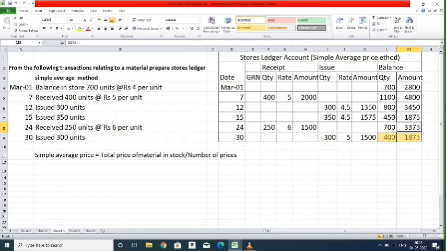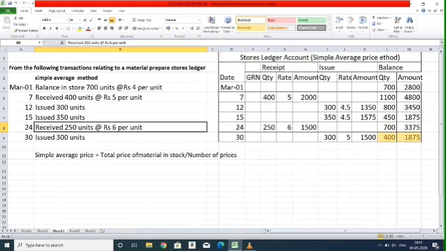Then on March 30, our closing date, we issued 300 units. At what rate do we issue these 300 units? This is something we have to understand clearly. Our first lot is 700 units, second lot 400 units, then our third lot 250 units.